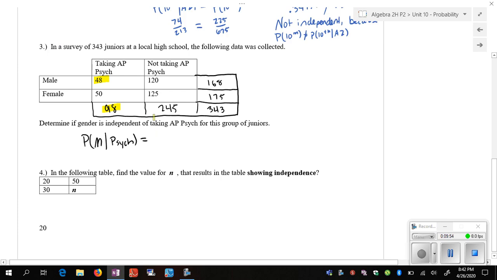So we get 48 out of 98. I'll give you maybe 5 seconds to think about what I would need to compare that to.